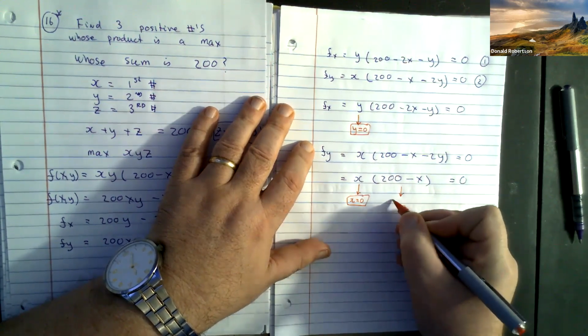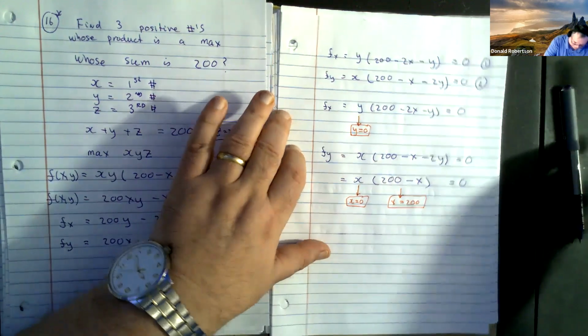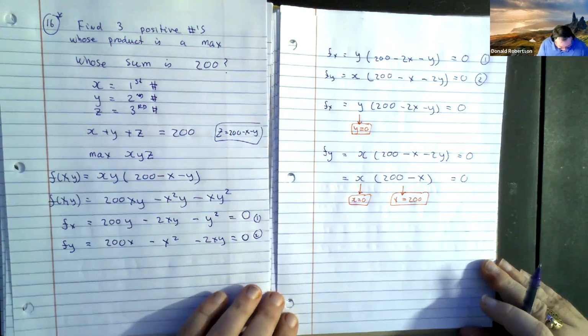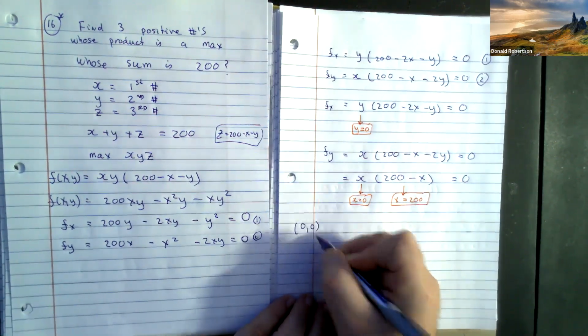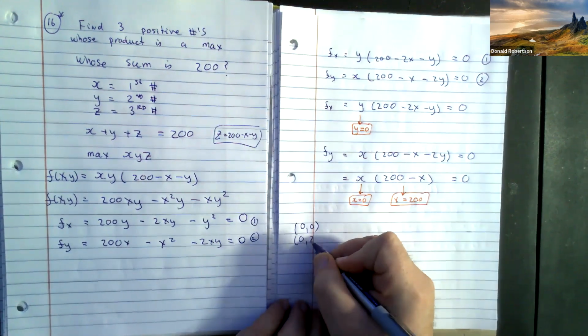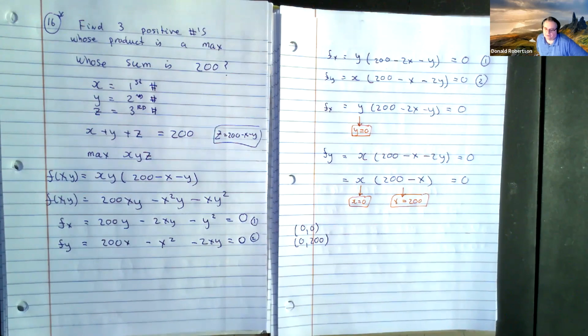And this one generates x could be 200. So our first set of critical numbers are 0, 0 and 0, 200. Are we cool with that?